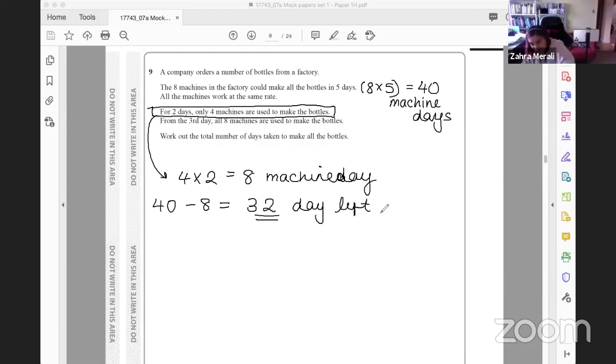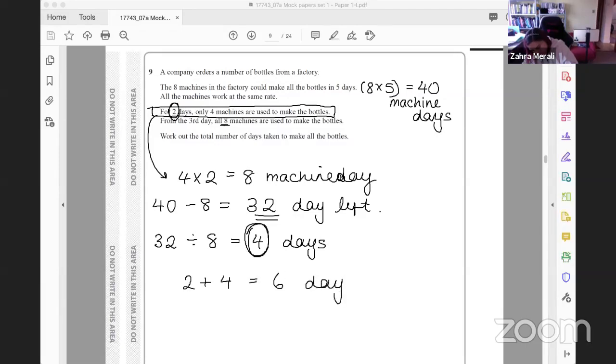But for those 32 machine days, you've got 8 machines working. So 32 divided by 8 gives us 4 days. So in total, you've got the 2 days that they started plus the extra 4 days. So your total is 2 plus 4, so 6 days.